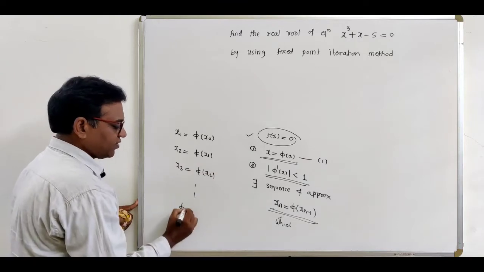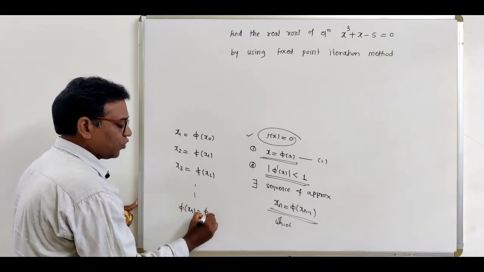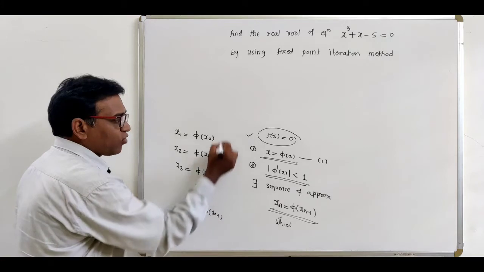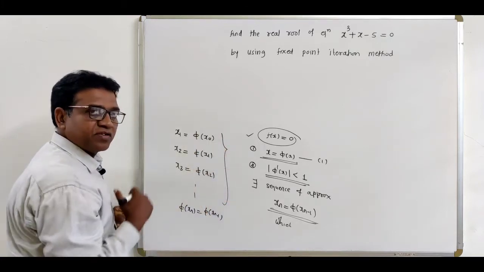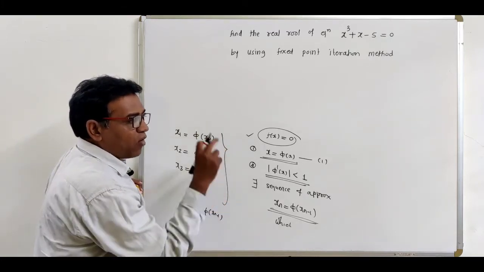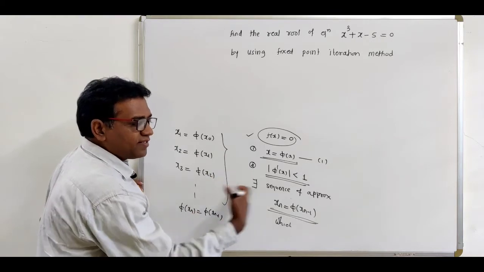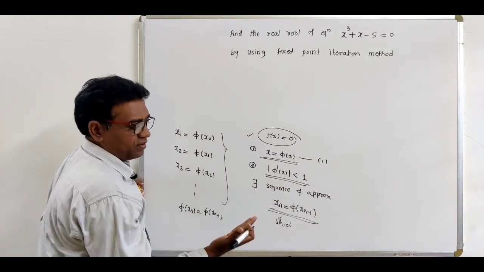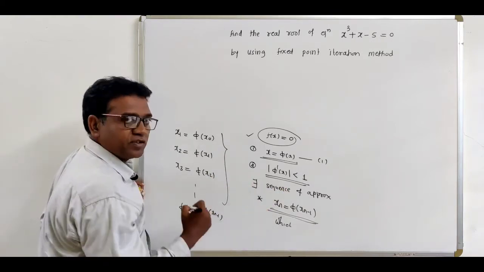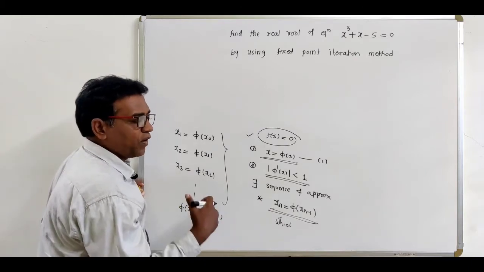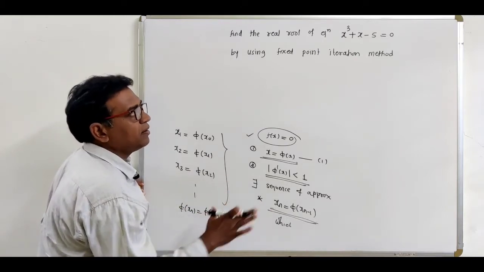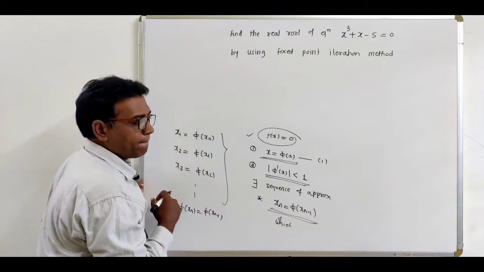What is the last iteration? x_n = φ(x_{n-1}). So this is the sequence of approximations. According to this rule, there exists some sequence of approximations which converges to a fixed point, and that will be a real root of this equation.